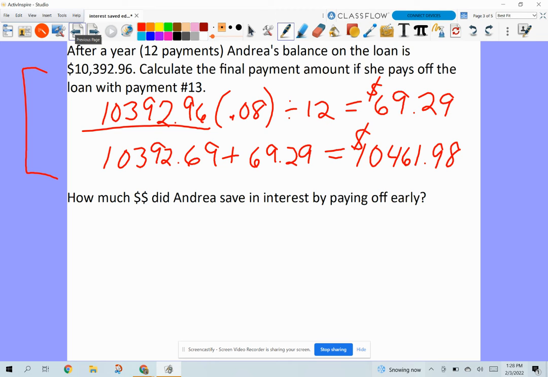Okay. So she had signed a contract that said she was going to pay 36 payments of $469.50. That would have been the $16,900 some odd dollars. And I'm setting this up where I can type it all in my calculator at once. So she had originally signed a contract that said, I'm going to make 36 payments of this amount, but she only made 12 payments of that amount.